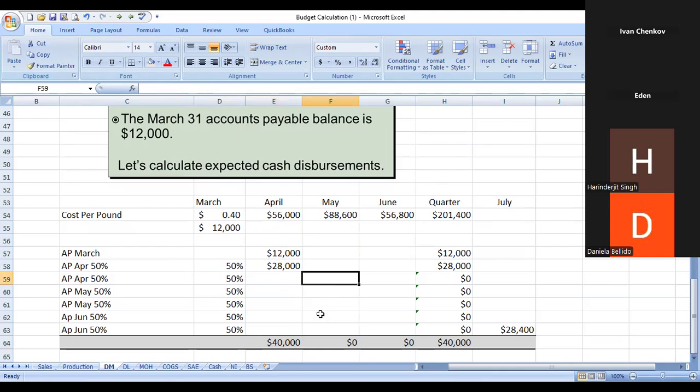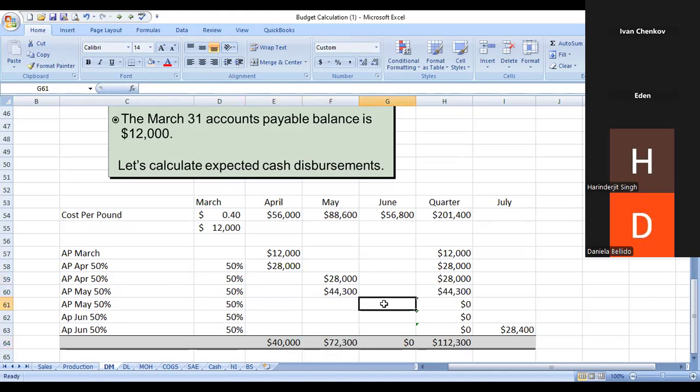How about in May? In May, we're going to pay the rest, the 50% from what we purchased in April, plus we're going to pay 50% of the purchase in May. So in total for May, we're going to pay $72,300.